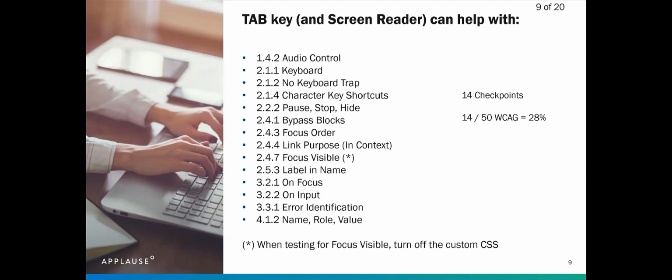And if you do the simple math, 14 out of those 50 checkpoints, that's 28%. So over a quarter of your accessibility testing really could be done with the tab key. That's fantastic. Real simple, basic. So if you're just getting started in accessibility and testing and checking for it, you can get a lot done with just the tab key.